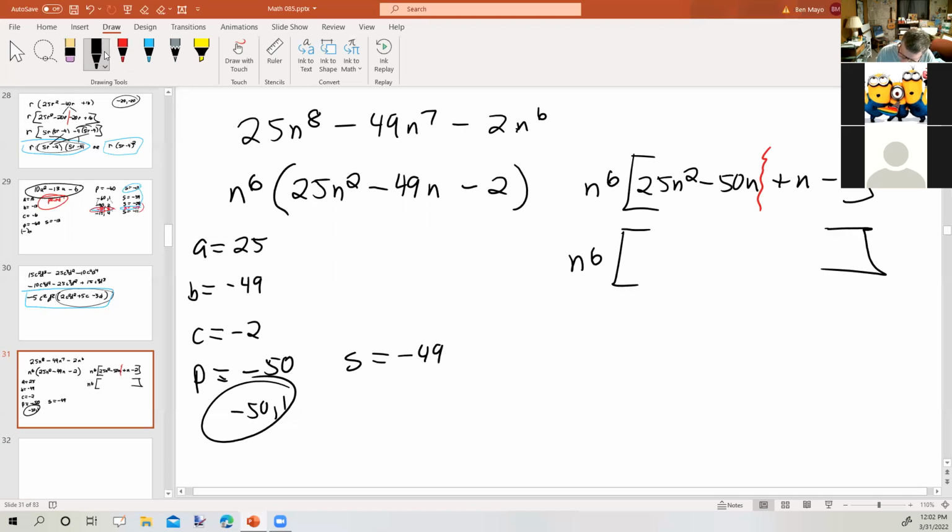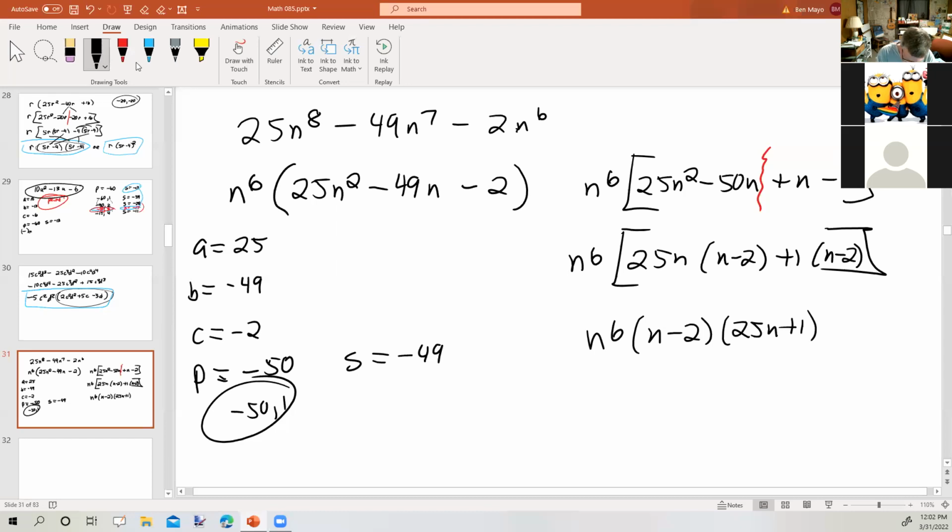Greatest common factor of 25n squared minus 50n is 25n. n minus 2 left over. Second group, leftovers are n minus 2. And I have a plus 1 out front there. So going on, I get n to the 6th times n minus 2 times 25n plus 1.